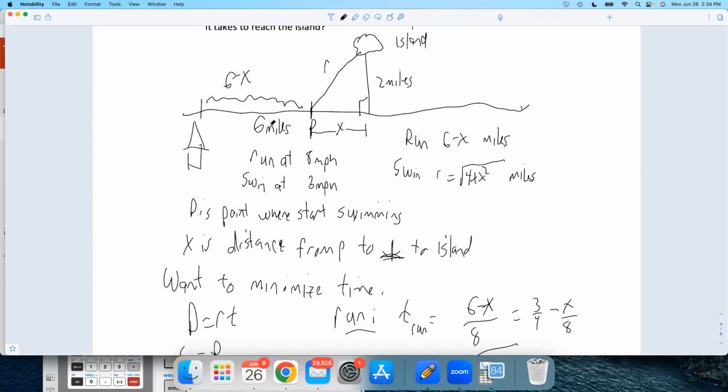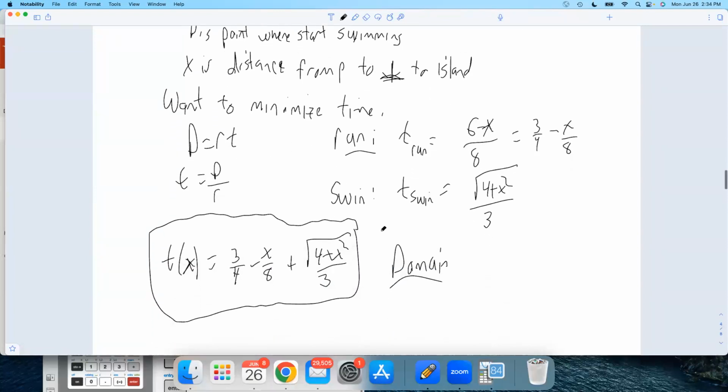If X were 7, then that would mean I start from 7 miles away and swim all this distance. X cannot be bigger than 6. And I definitely wouldn't want a negative X. I would not want to run past the island and then start swimming from this side. So X is between 0 and 6.